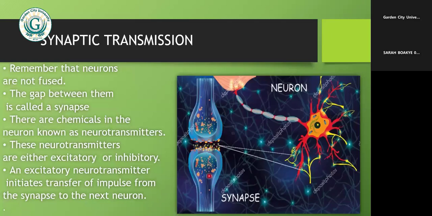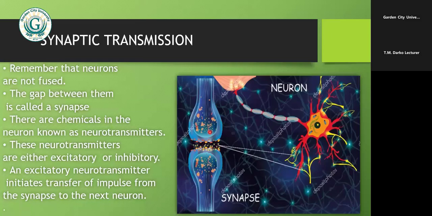Very good. So what happens is that when the impulse gets into the terminal end, it causes calcium to get into the cell. Now, when calcium gets into the cell, within the terminal part of the neuron, we have what we call vesicles.